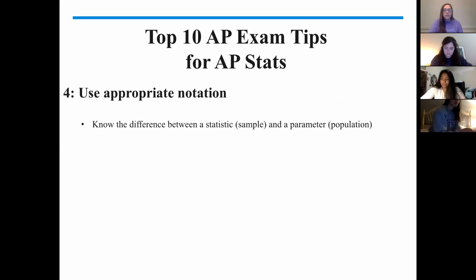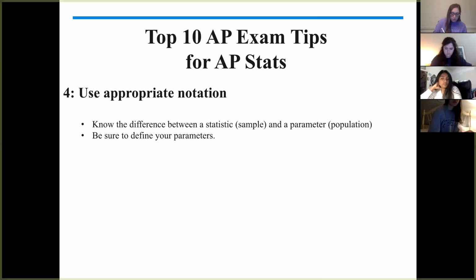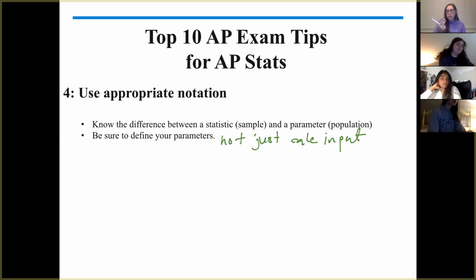Use appropriate notation. So our symbols, whether it's a statistic or a parameter. Remember, all hypotheses have parameters with them. Be sure to define them. That's what I talked about earlier. So not just calculator input, not just normal CDF, say that it's normal with the mean and standard deviation, not just binom PDF, say it's binomial with this number of trials.